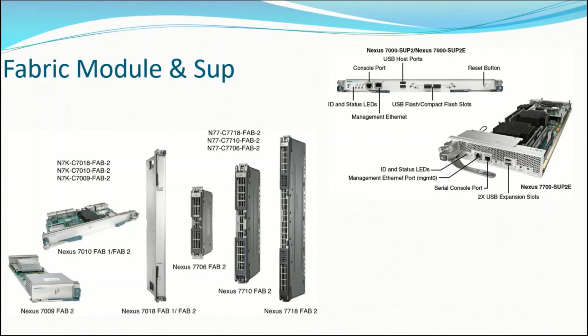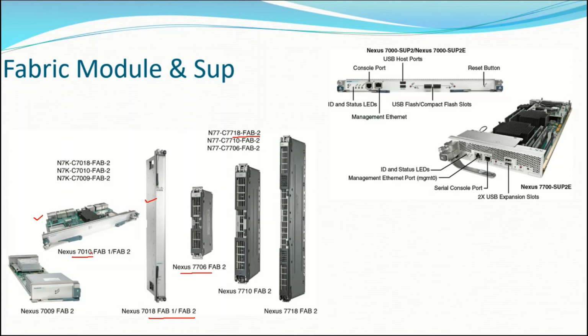Okay. So it's a fabric module. We already discussed what a fabric module is. We have different generations of fabric module, Fab 1, Fab 2, and lately they have introduced Fab 3 as well, which we can see on the Nexus 9000 series. But in various fabric modules, somewhere we have seen the full width blade horizontal, somewhere we have seen the full width blade vertical, and the higher series Nexus 7700 has a separate fabric module, and the 7000 series has a separate fabric module.